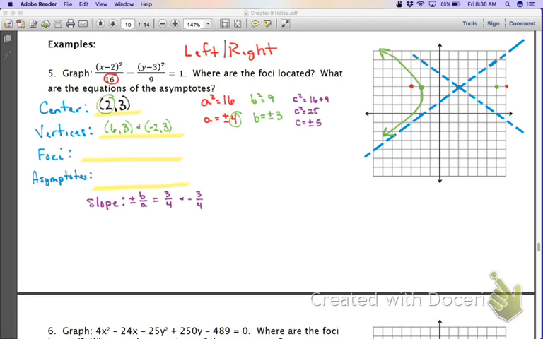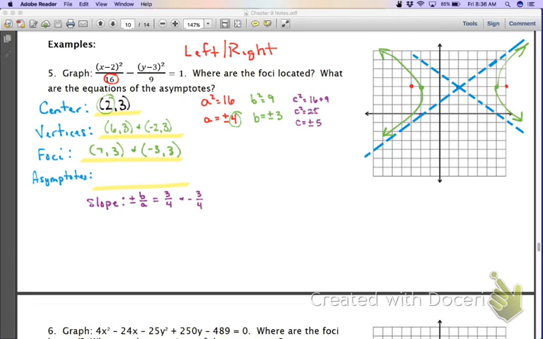I just have to wrap it around my asymptotes, and it's going to look something like that. Because you're dealing with such funky decimals, I should probably put my foci in here, 7, 3 and negative 3.